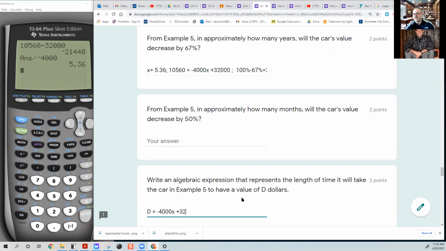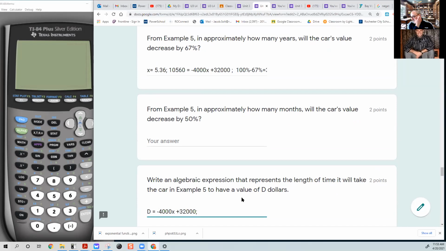Negative 4,000 plus 32,000. Here's what I'm asking you to do here. This works. You could leave it just like that. Actually, I didn't tell you to put it in terms of X, did I?